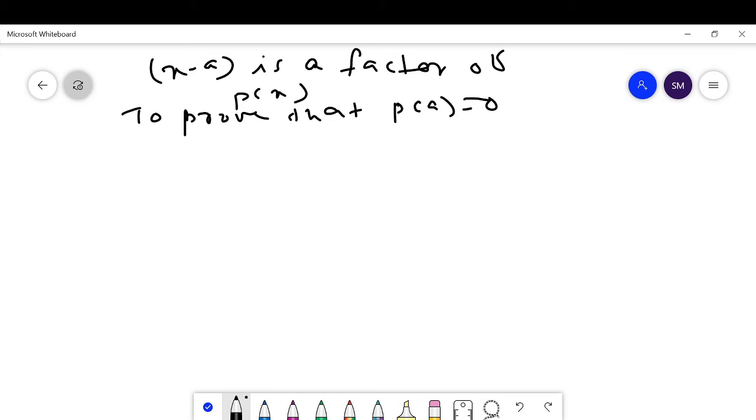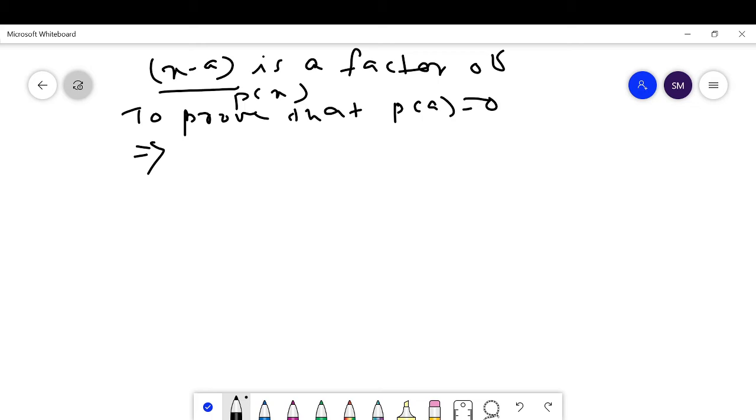X minus a is a factor of P(x). This is given, which shows that x minus a divides P(x). This implies the remainder is 0.